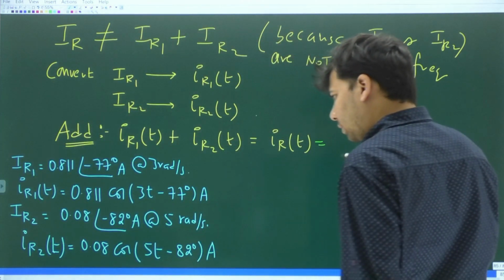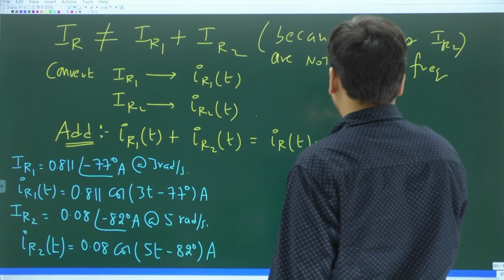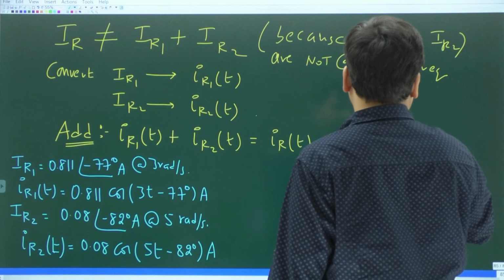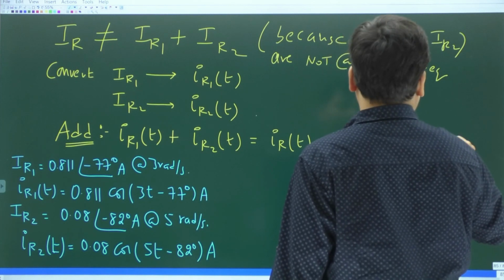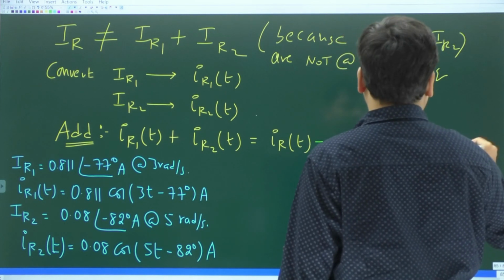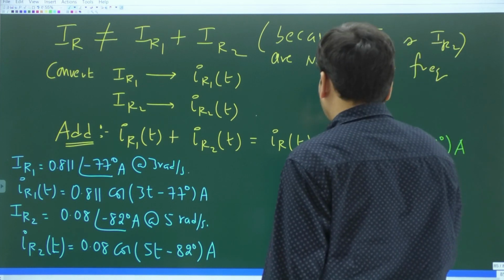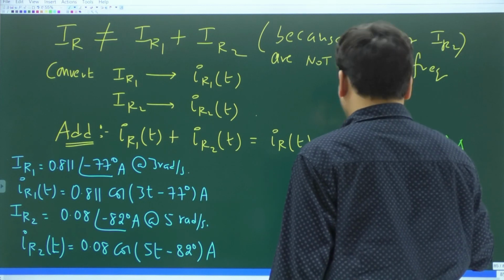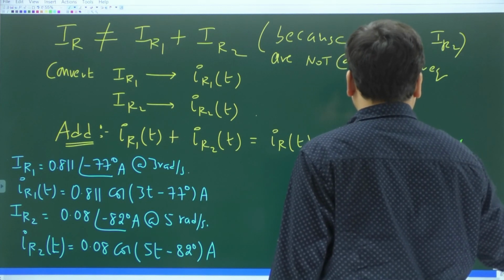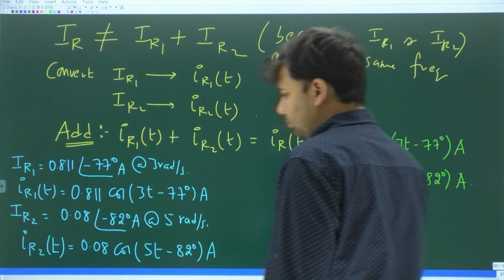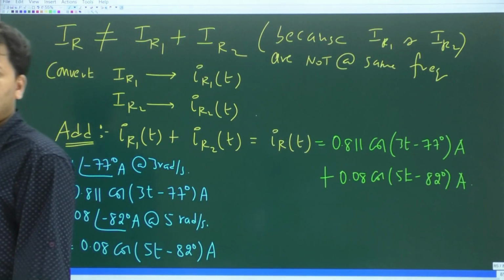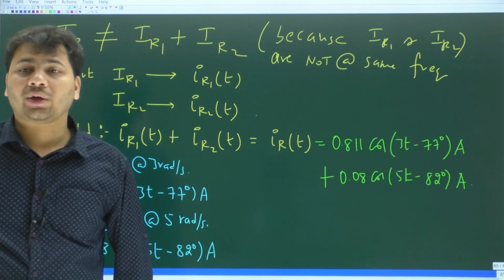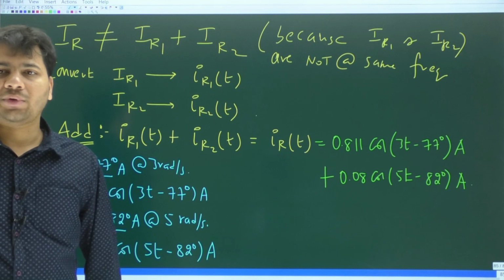It is this thing: 0.811 cos 3t minus 77 degrees amperes plus 0.08 cos 5t minus 82 degrees amperes. Is it clear? This is how you get the net current flowing through the resistor as a function of time.